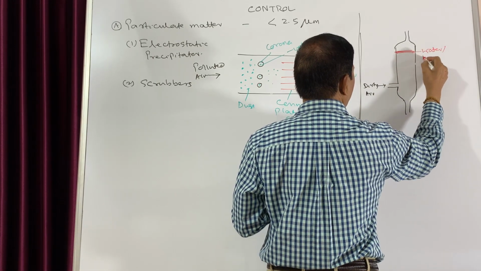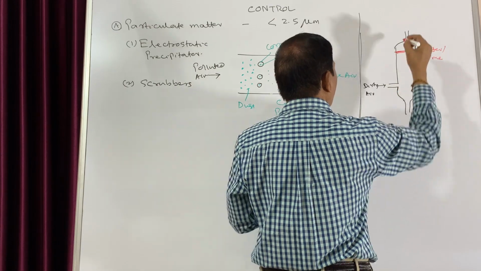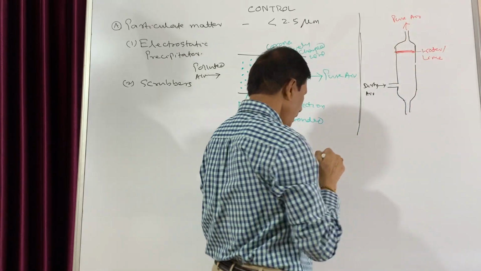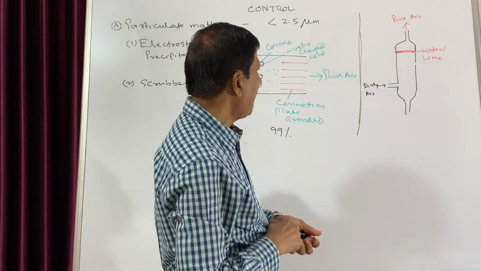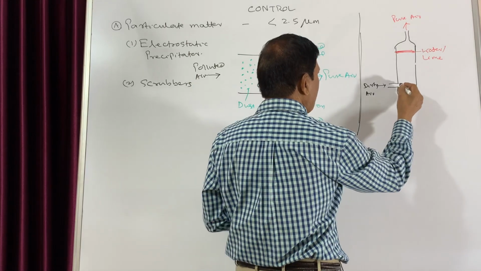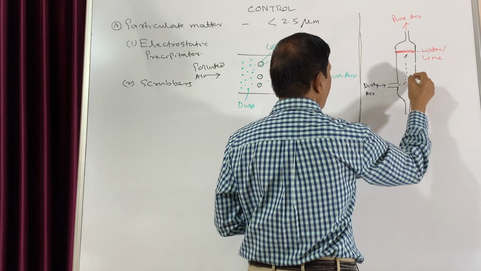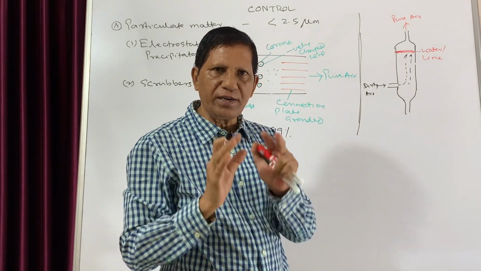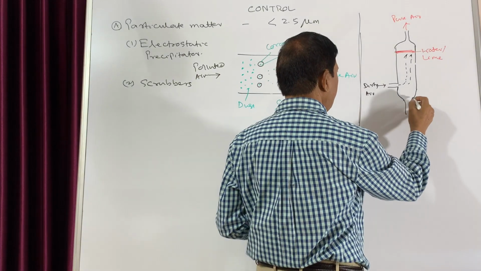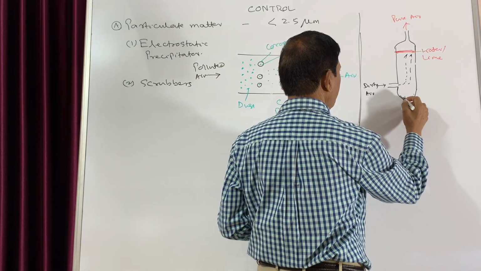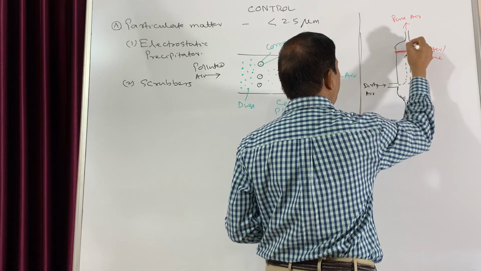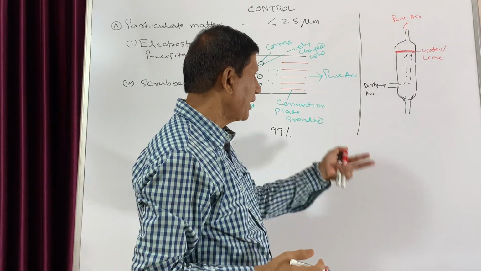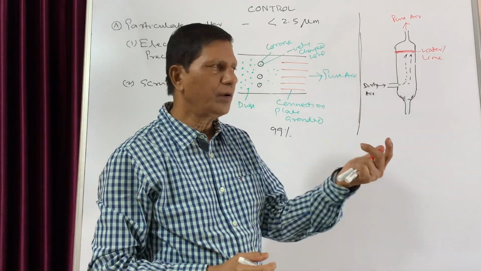This side you will get pure air. When the dirty air passes through this water or lime, all the particulate matter is trapped there and ultimately settles at these places, while the pure air passes out. So this is also one of the methods of cleaning dirty air into pure air.